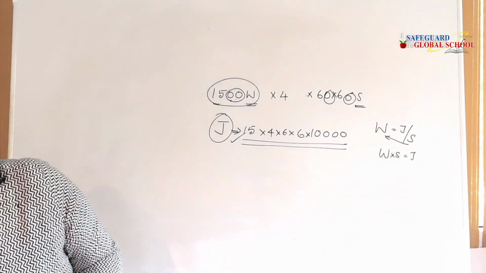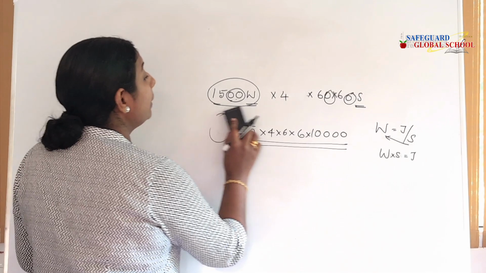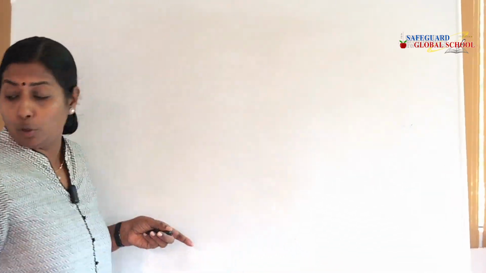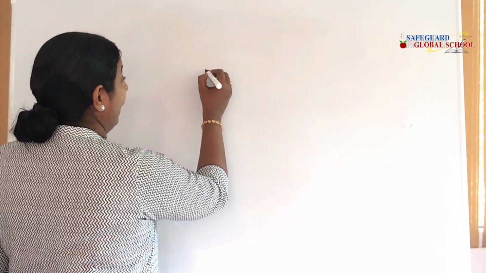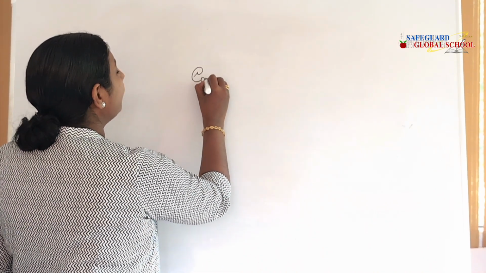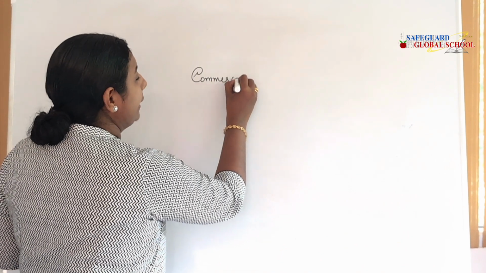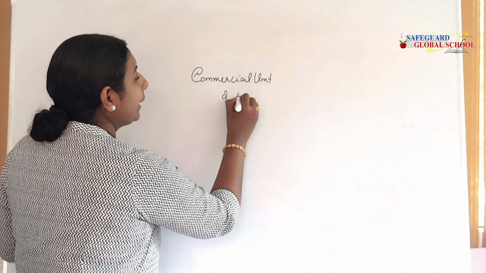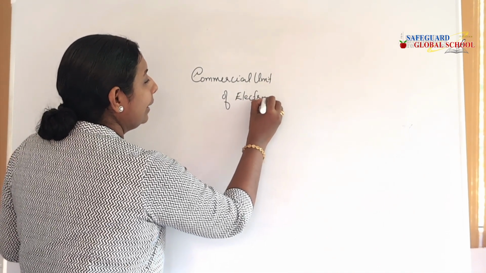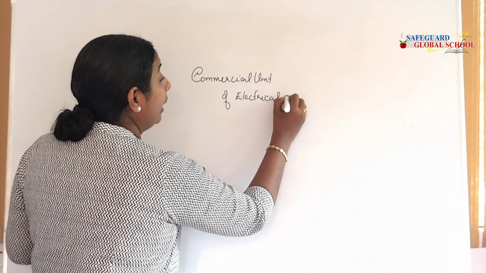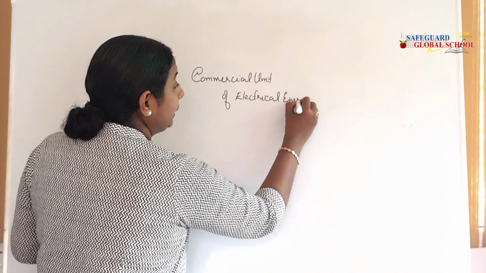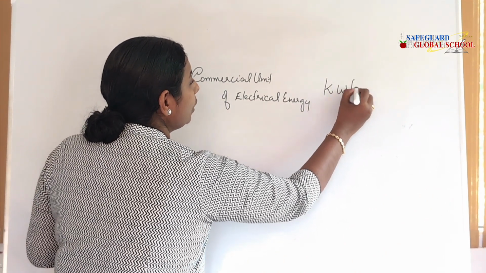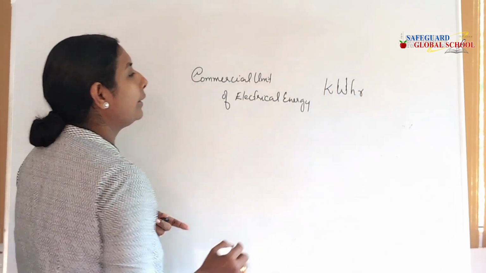So children, you have to understand what is the commercial unit of electrical energy. So now I am going to introduce the commercial unit of electrical energy. The commercial unit of electrical energy is 1 kilowatt hour.